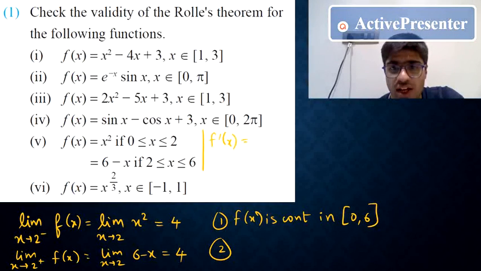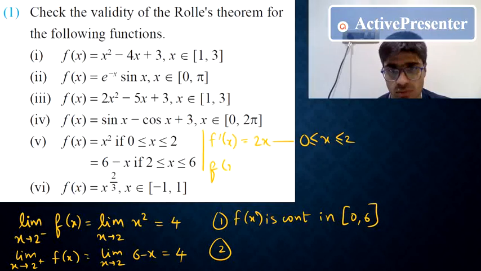If I have to talk about f dash x, it will be 2x for the first interval, that is when x lies between 0 and 2. And f dash x will be equal to minus 1 when x lies between 2 and 6.